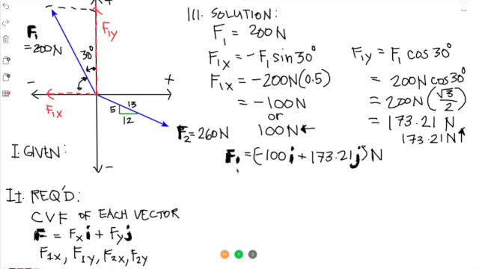Okay, so this is pretty much its Cartesian vector form.